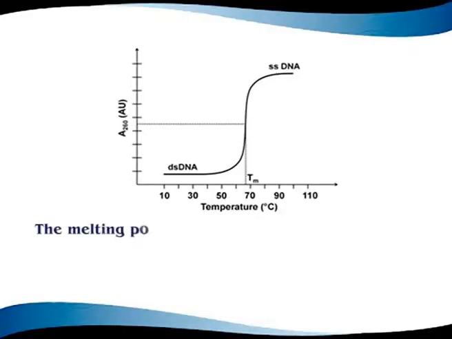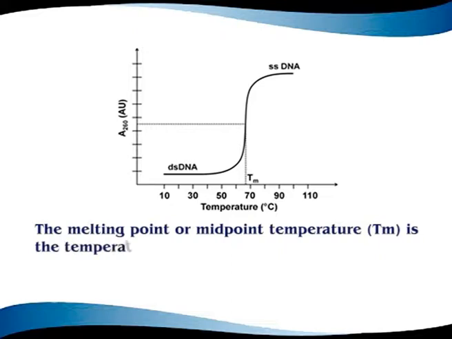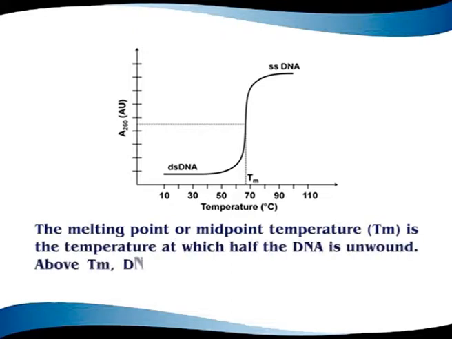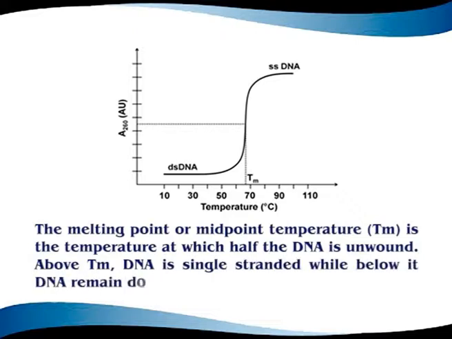The temperature at which a particular DNA is denatured is a characteristic feature of the molecule. It is expressed as the melting point of the DNA. The melting point or midpoint temperature Tm is the temperature at which half the DNA is unwound. Above Tm, DNA is single-stranded, while below it DNA remains double-stranded.